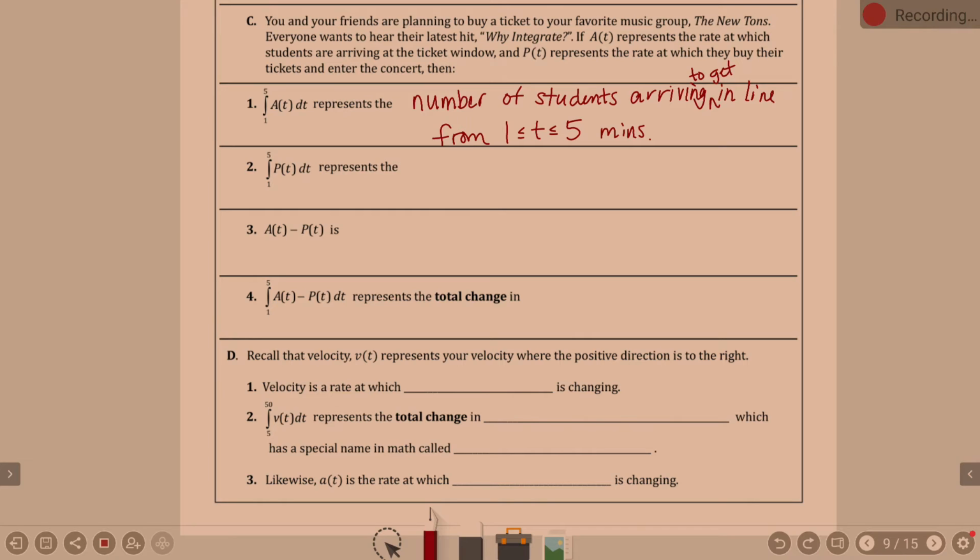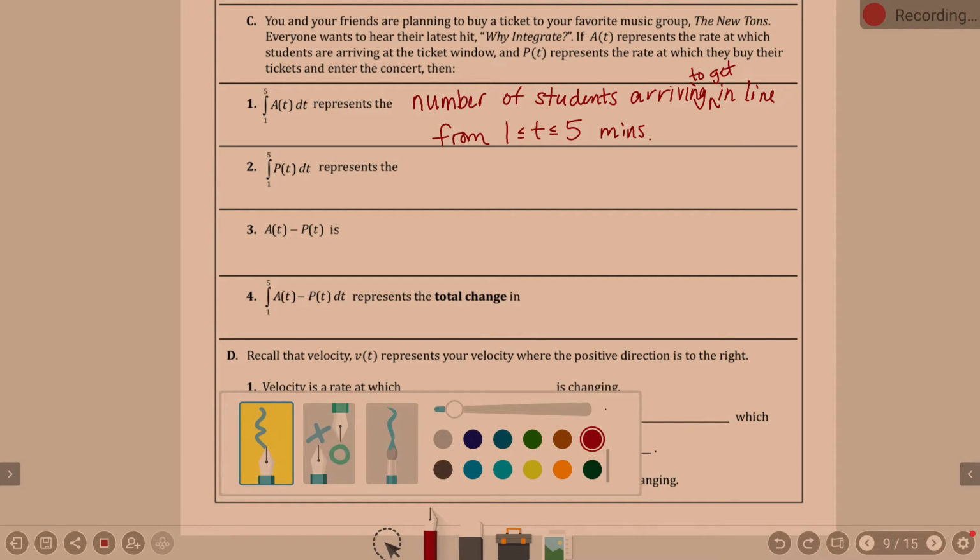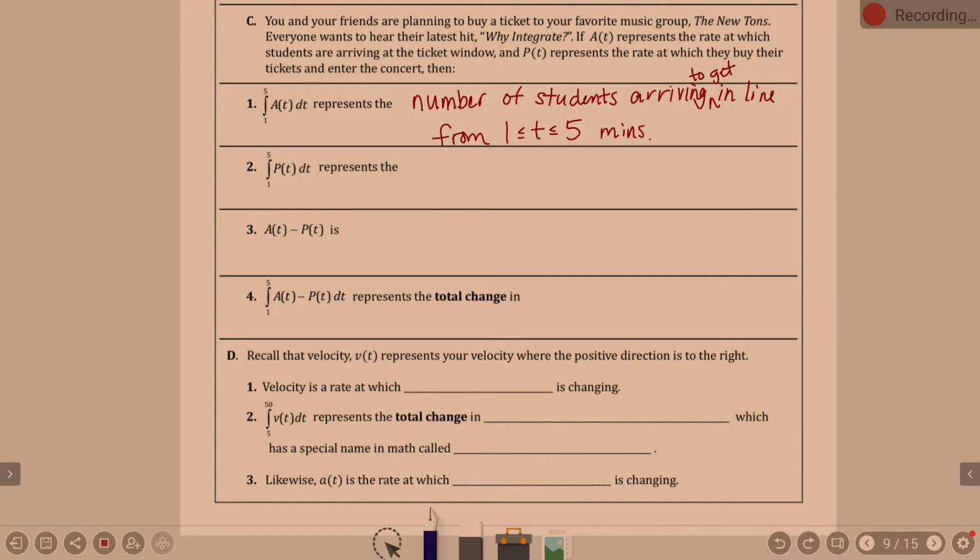What about if we change it to P of t? So now we change functions. P of t represents the rate at which they buy their tickets and enter the concert. The integral spans from 1 to 5, right?